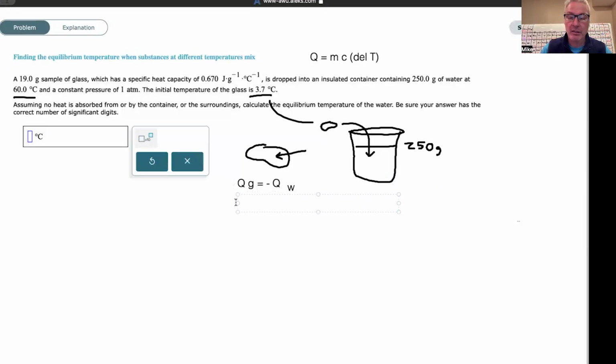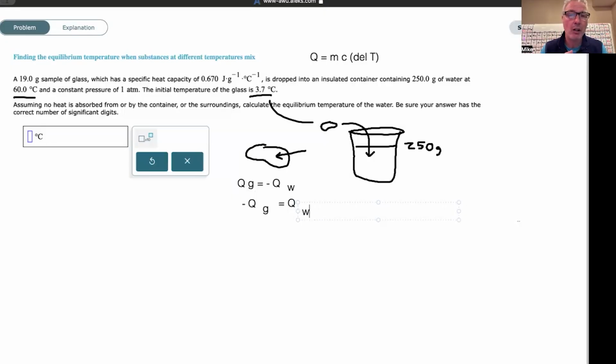We can say negative Q glass. Why can you do either one? One of the delta T's is going to be negative and one is going to be positive, and they will end up canceling out the negative signs. However, you do have to be very careful that one of the sides of the equal sign has a negative sign.